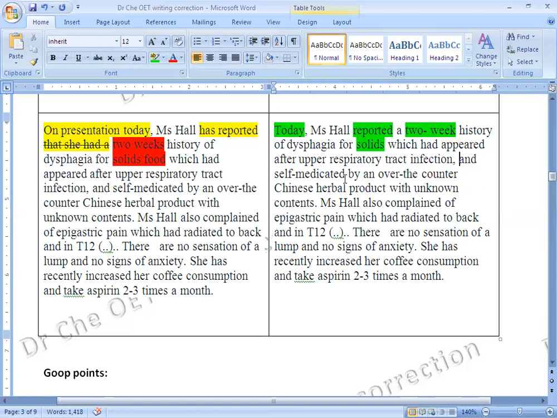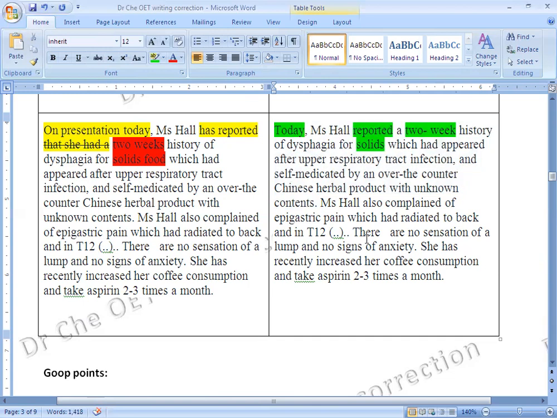And self-medicated by over-the-counter Chinese herbal product with unknown contents. So here you can see this part is not good. First of all, this is too long a sentence. If we write such a long sentence, it would confuse the reader. The reader cannot easily understand the meaning.